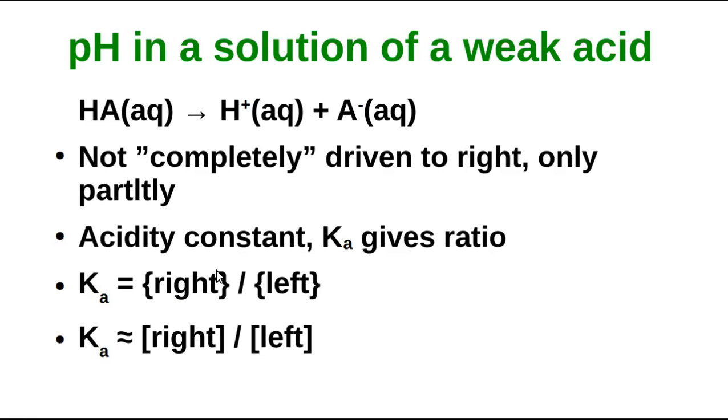So we can always define the equilibrium constant as the activities of the right-hand side divided by the activities of the left-hand side. In practice, it's very common to write it with the concentrations in parentheses.